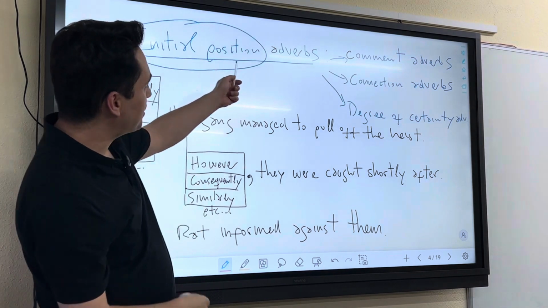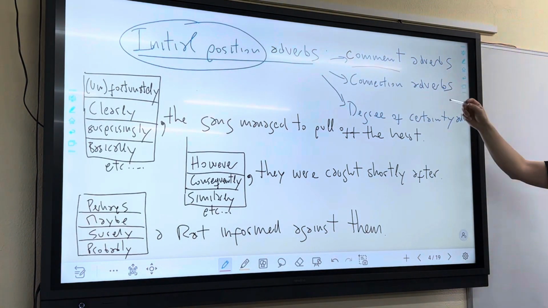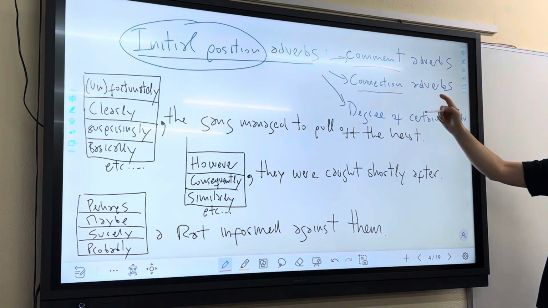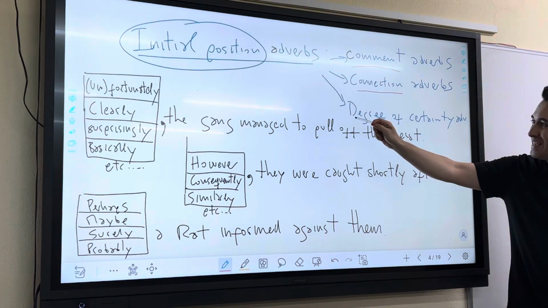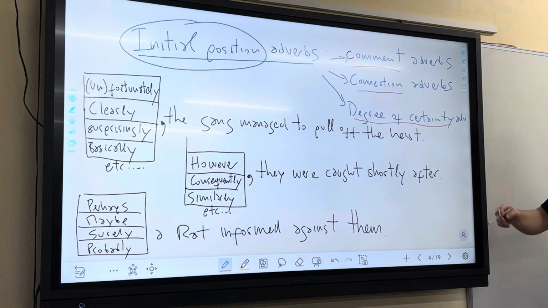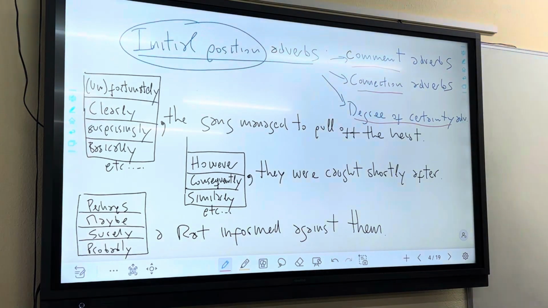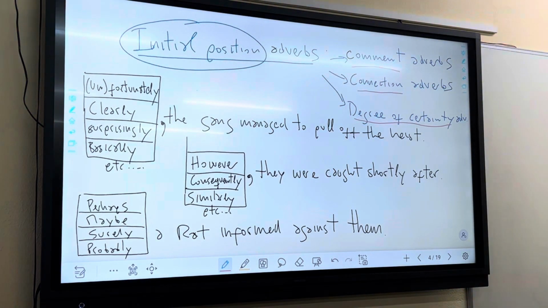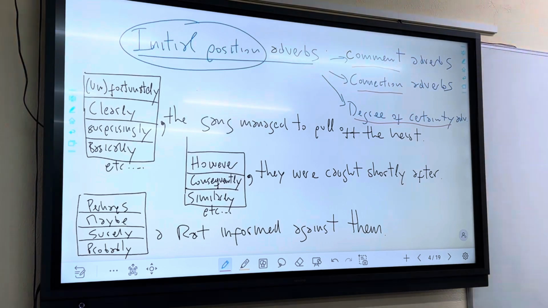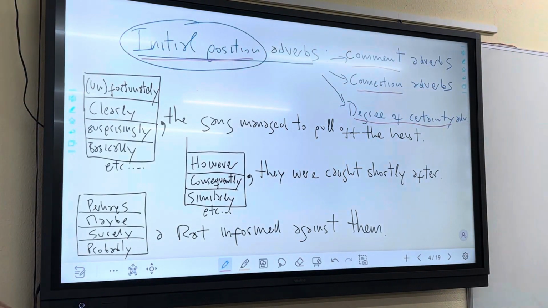In the initial position, you can have comment adverbs, connection adverbs, and degree of certainty adverbs. These types of adverbs, typically, in English, you cannot say always or never, okay? Typically, they go in initial position. Have a look at this.